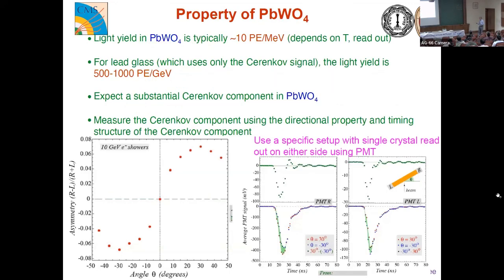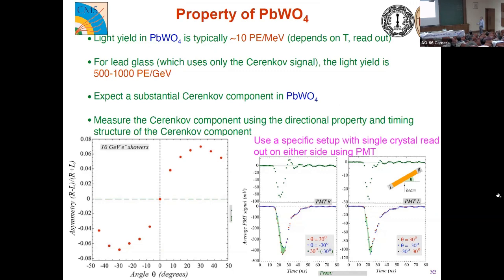Now, one important thing is that the light in lead tungstate is typically about 10 photoelectrons per MeV. It depends on temperature and the diode gain, but you can see the number of photoelectrons is not very large. Now, you have another detector, lead glass, which gives light essentially through Cherenkov signals.